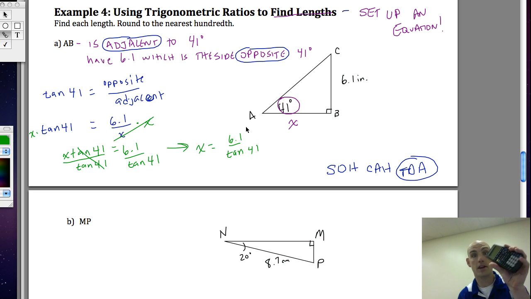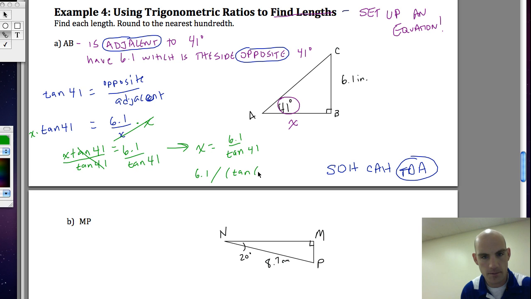Let's put it into our calculator. 6.1 divided by, and I'm going to put parentheses, so this is what it looks like in your calculator, tangent 41. I put it into my calculator using parentheses, and I get 7.017, so I'll round, equals 7.02.